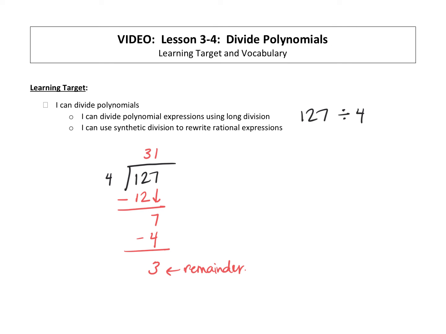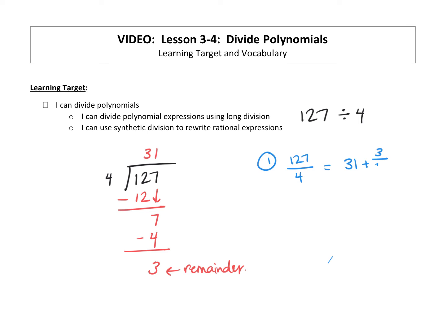We're going to follow that same process with polynomials, but I want to talk about two different ways that you can write your final answer. So the first way you can write your answer is, we just did 127 divided by 4, and we got 31 plus our remainder of 3, but that remainder gets divided by whatever we were dividing by here.